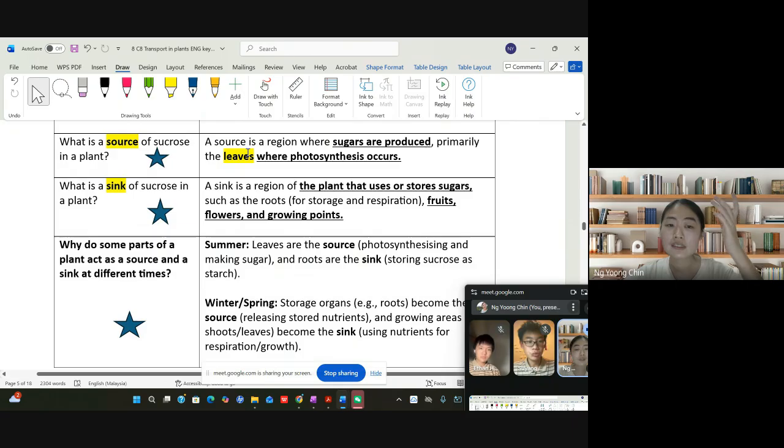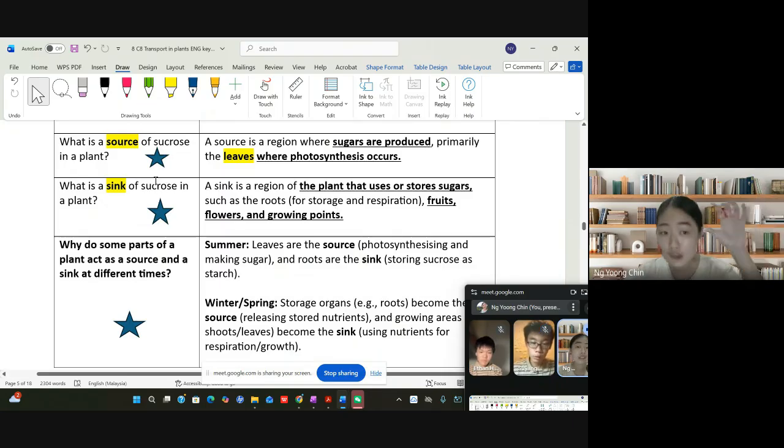Source is a region which will produce sugars, and at this side photosynthesis will occur. How about the sink? Sink is the region where the plant uses up the stored sugars or nutrients, because they require the nutrient supply to produce fruits, flowers, or growing regions, for storage and respiration.